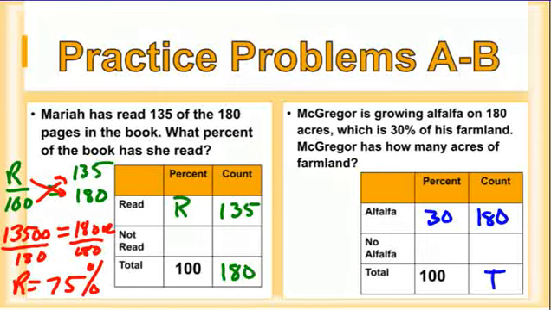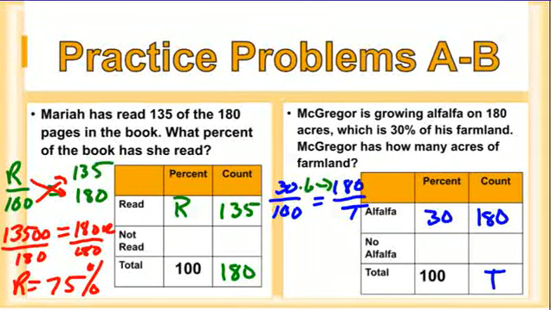So we're trying to find the T here. So now if I take my 30 over 100, that has to equal 180 over the T. And I know that 30 times 6 gives me my 180. That means 100 times 6 will give me my total. So the total would have to equal 600 acres.